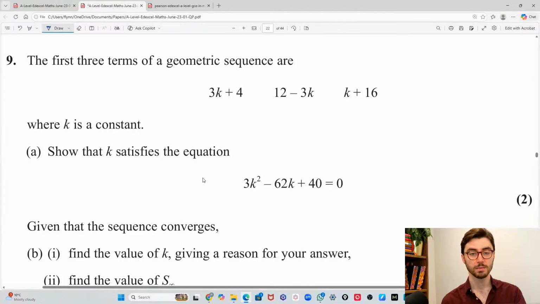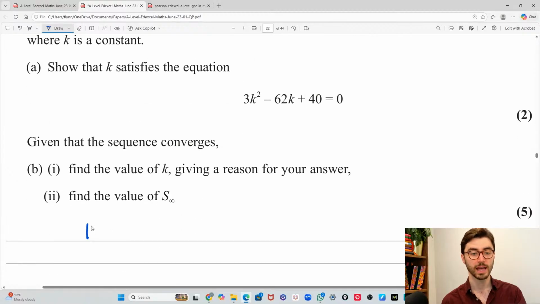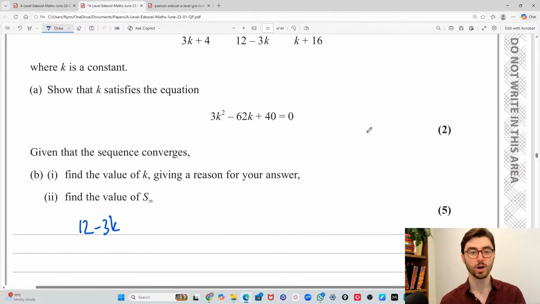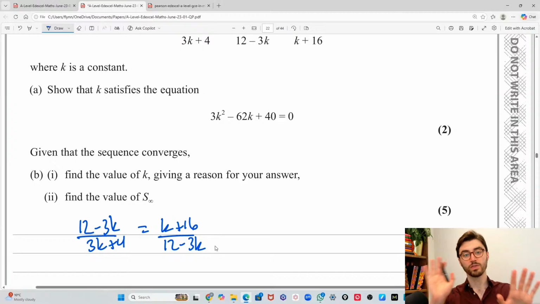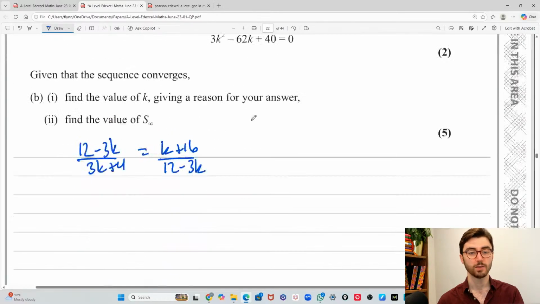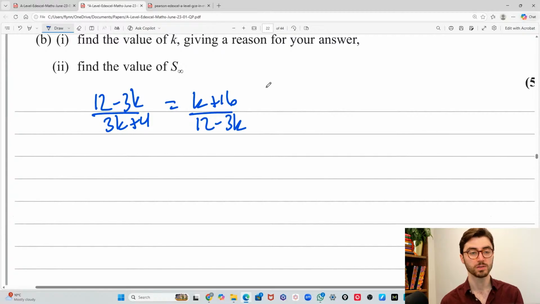So in this case, it means that 12 minus 3k, in fact, let me zoom out just so I can write this down. So 12 minus 3k over 3k plus 4 is equal to k over 16 all over 12 minus 3k. And that's because both of those things are equal to r. So then I can form a quadratic equation from this by cross-multiplying.